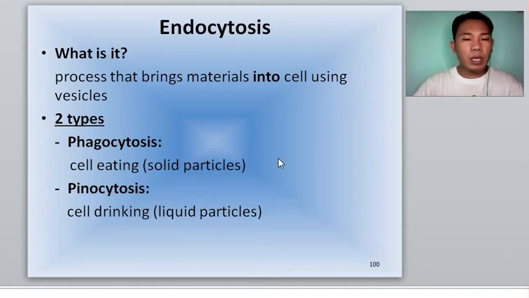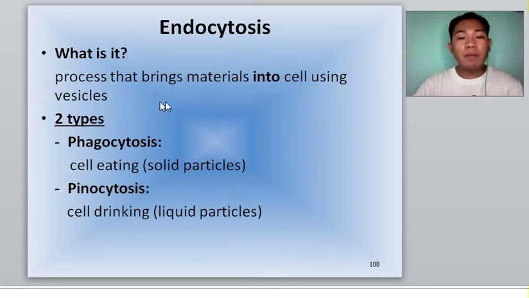Another transport mechanism through the cell membrane is endocytosis. Endocytosis is a process that brings material into the cell using vesicles or transport vesicles.